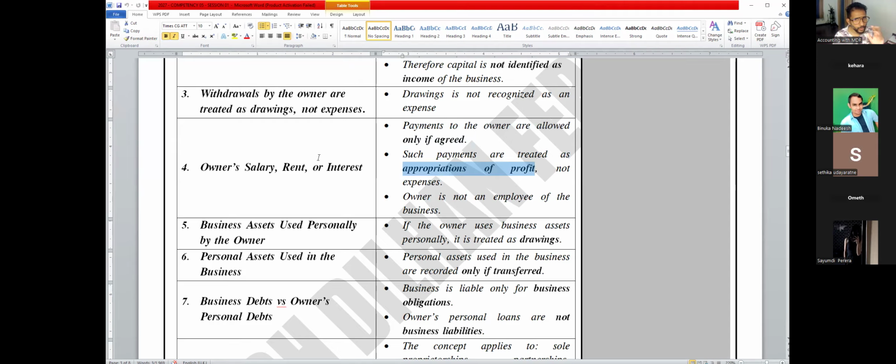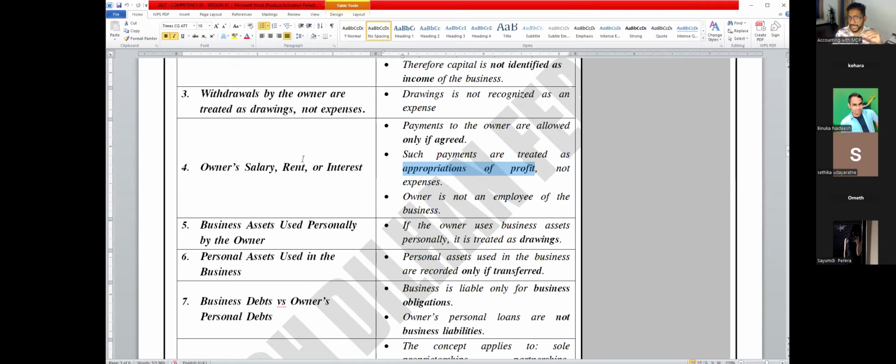There is an owner of the business, and the owner is the person who manages the business. Then he has decided to receive a salary for that particular management. That salary is not an expense, because it is his personal salary. So he is taking out the salary as an appropriation of the profit.